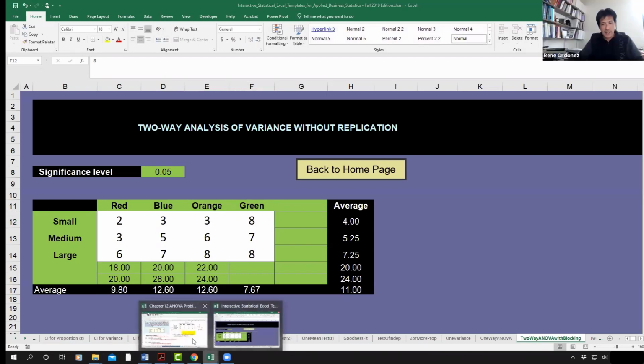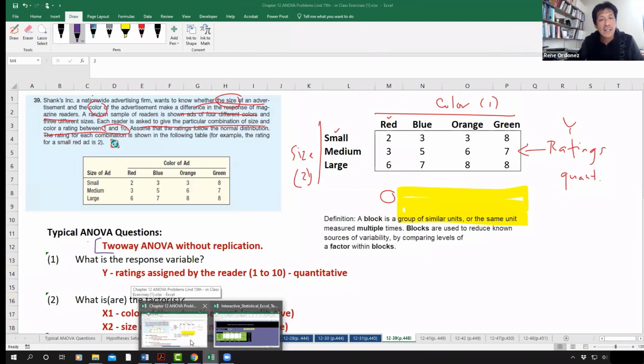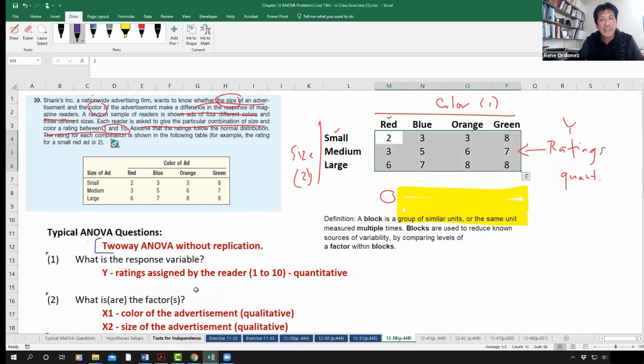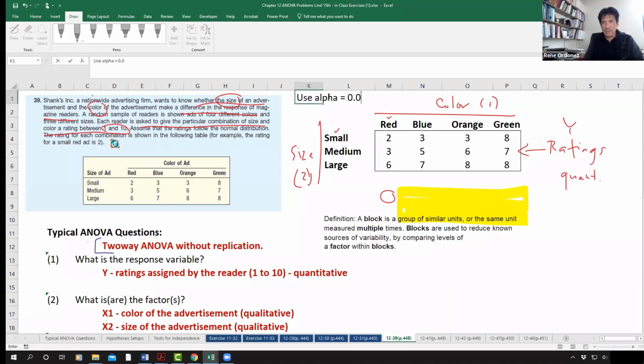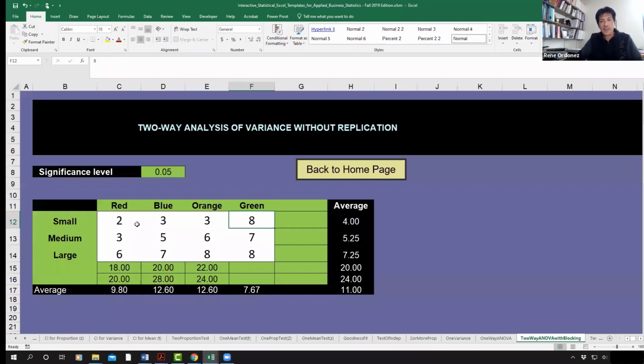And what is this significance level? Is it given in the problem? It's not given in the problem. So let's just assume, let's just use alpha of 0.05. All right. So that's what we have up there.